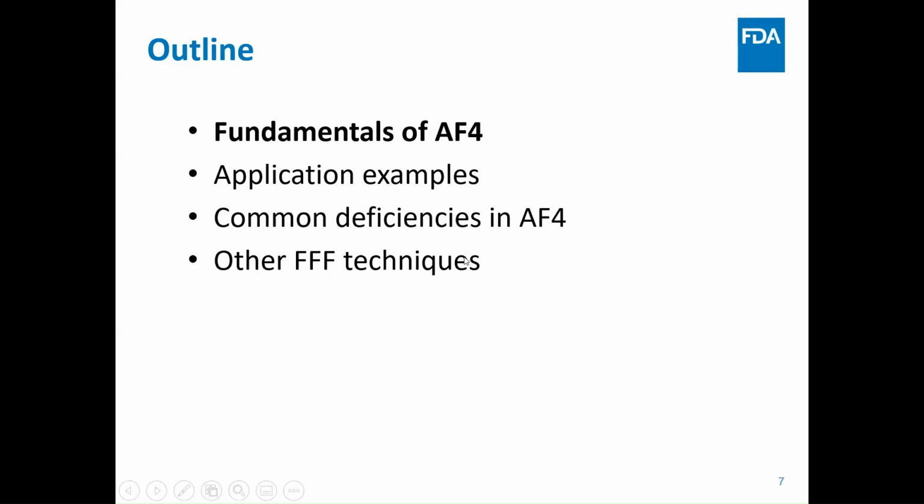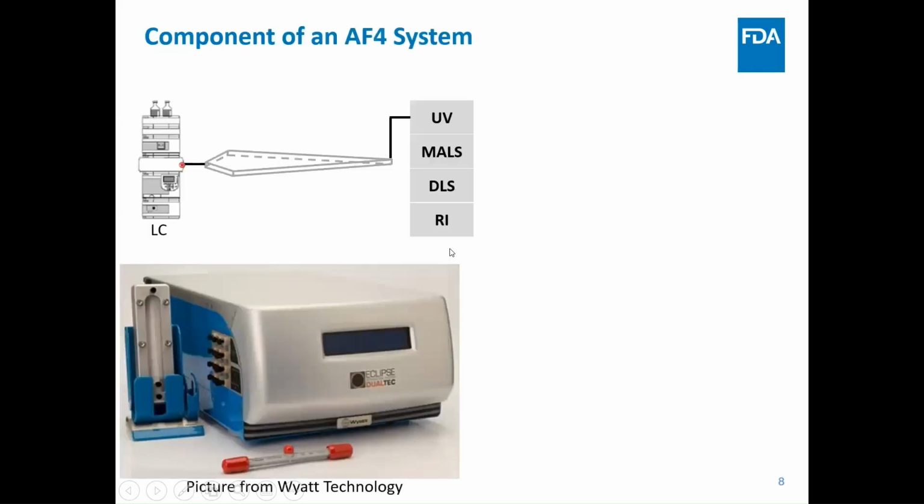So let me first talk about some of the components of the instrument of the AF4. In general, the AF4 contains a liquid chromatography system, a separation channel, as you can see from the bottom left, and a flow control module that controls the liquid flow.